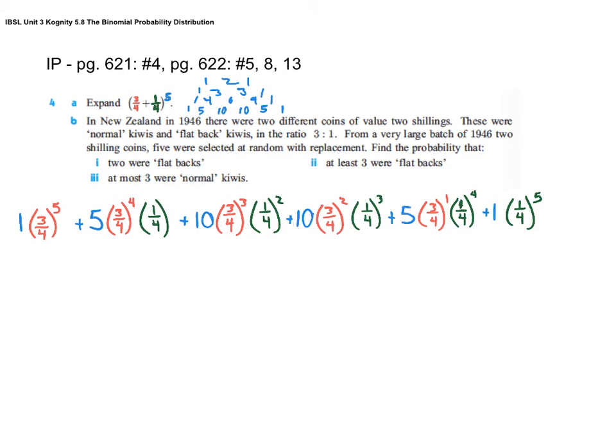From a very large batch, why would they say that? From a very large batch of 2 shilling coins. It's supposed to be like you need a really large number. Okay, we need a whole lot to choose from because what we're going to assume for the binomial probability distribution is that the events are independent.